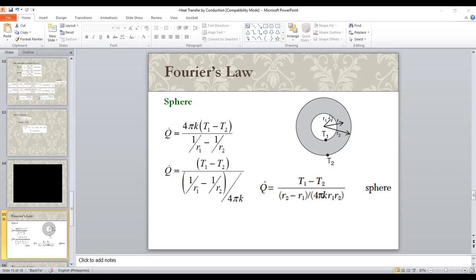What you have in John Kuplis is just the integral that brings about this one, but there is no singled out formula for the area in which we're going to determine the rate of heat transfer.